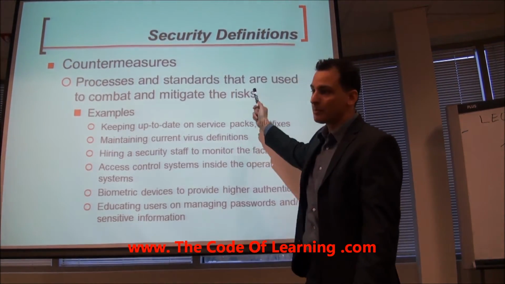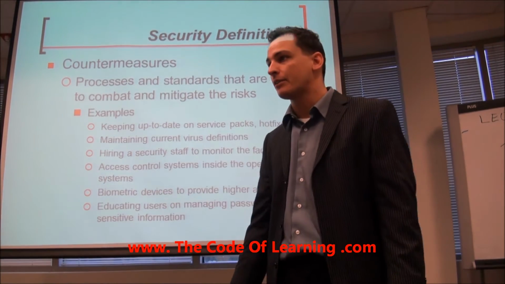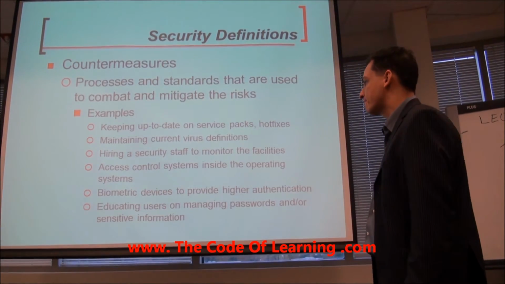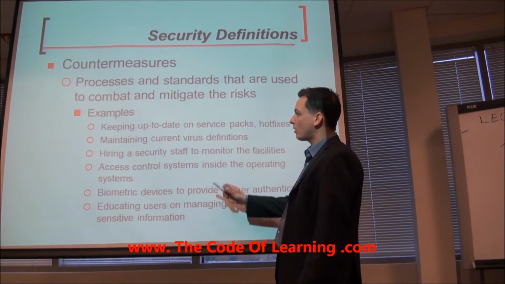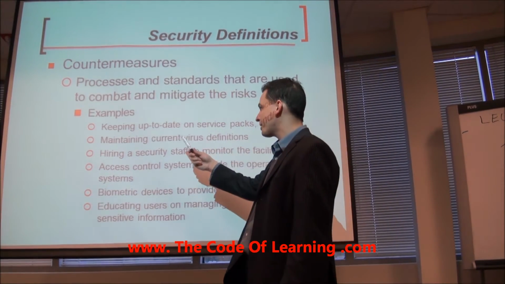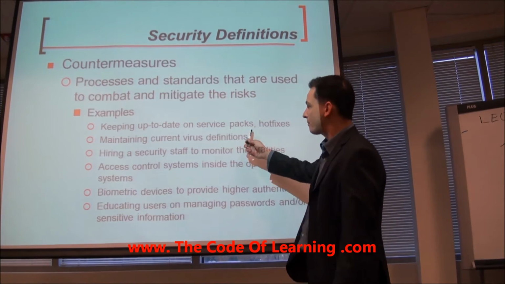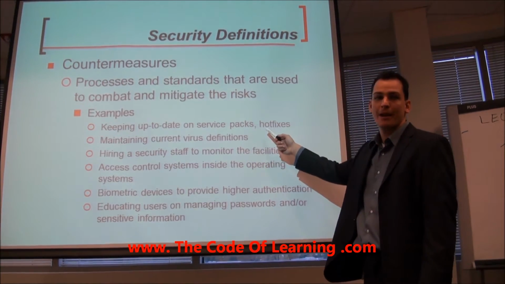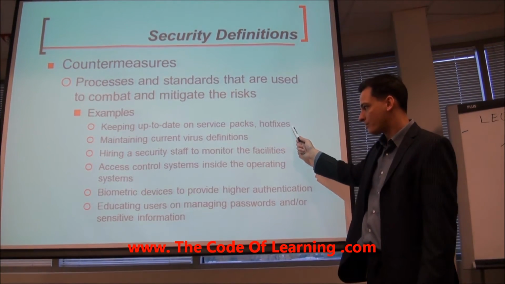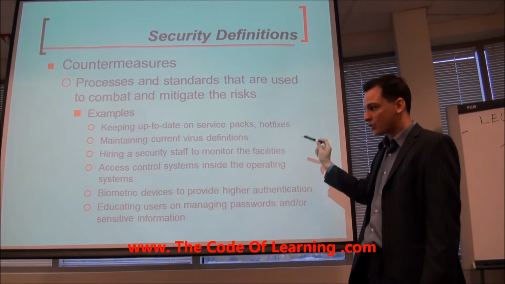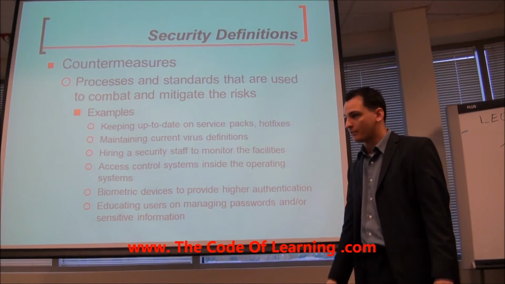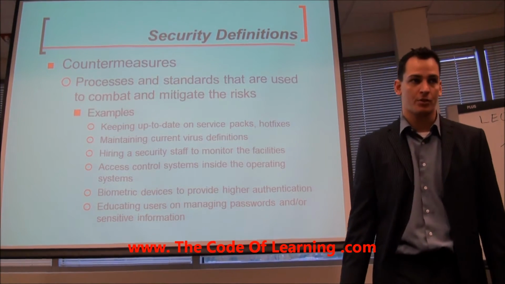So ultimately, the countermeasure needs to reduce the risk that's out there. Some things that naturally reduce risk, or are a good countermeasure, would be keeping the latest and greatest service packs and virus definitions, things like that. Actually train your staff. Have access control systems in place. Use biometric devices. Make sure everybody's properly trained and aware.